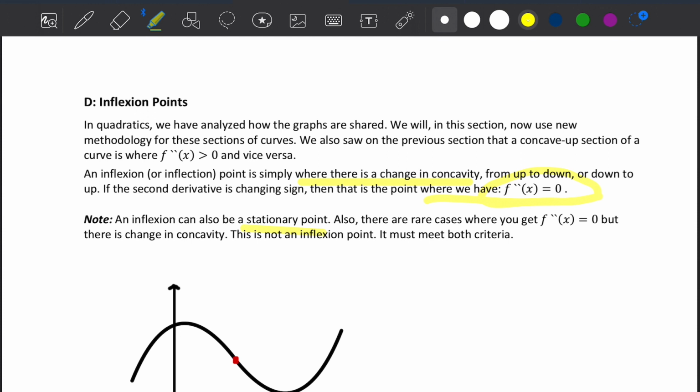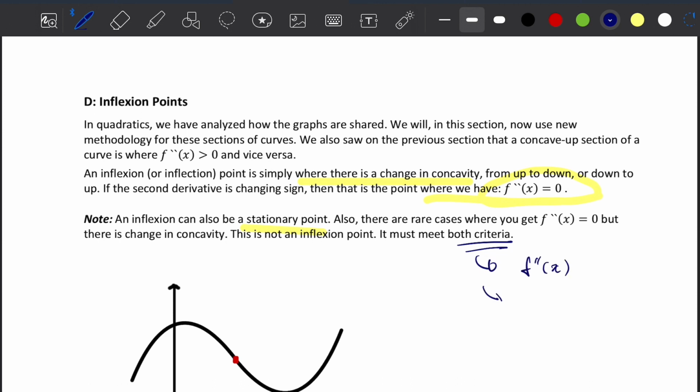So what you need to remember is that to have an inflection point, we need the second derivative value to be 0, and we also need a concavity change. If the point meets both of these criteria, then we can say that it is an inflection point.